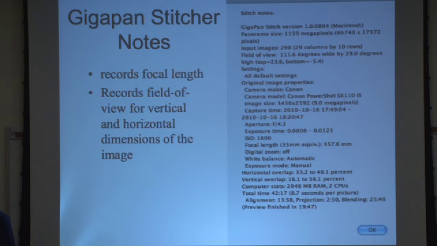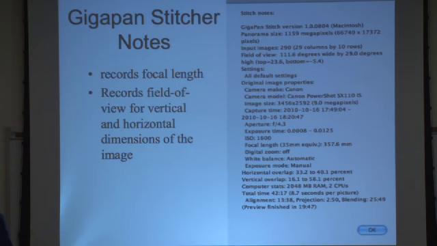The field of view tells the angle of the height and the width of the entire image. And that's the crucial key to determining distances in a Gigapan. Also, one other note is to pay attention to the curvature of the image, or the overlap of the image.